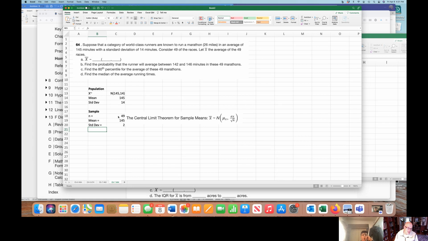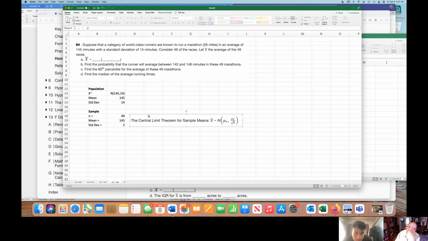Square root of 49 is 7. 14 divided by 7 is 2. The answer shouldn't be surprising. You should be able to do some of the simple things like this in your head. Don't feel bad if you don't. You wouldn't be alone. The emphasis was on the word should.